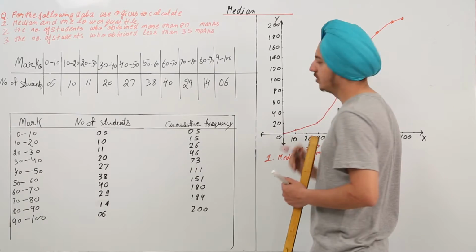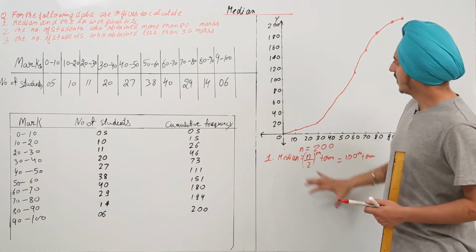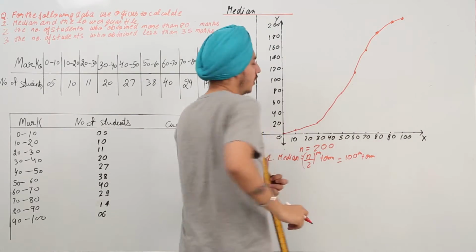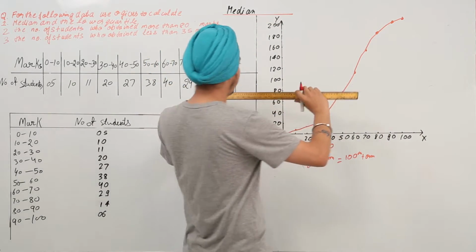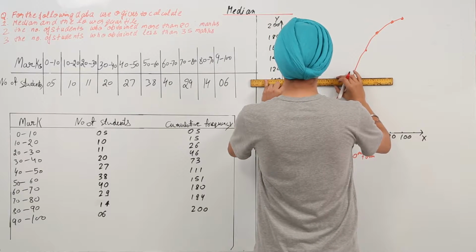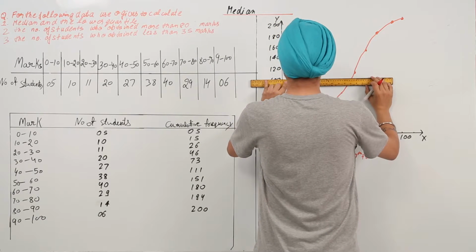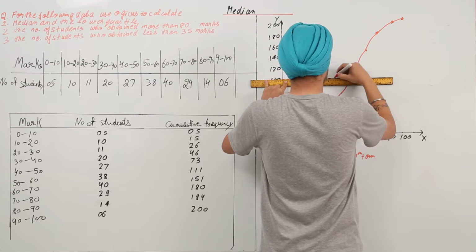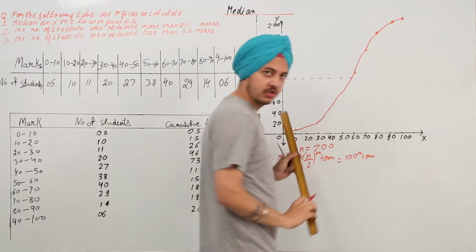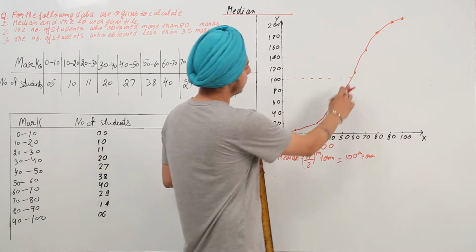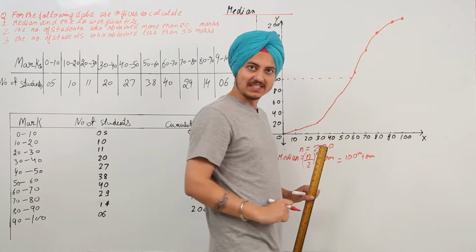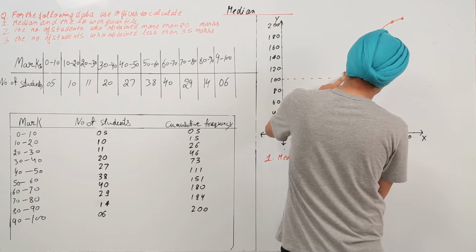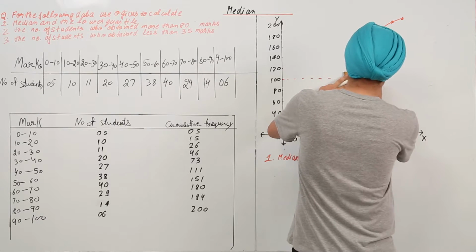So how do we do this now? We see where 100 is on the y-axis. This is 100. We make a straight line from 100 and join it with the ogive, okay? And here it is, right? And now we take this line onto the x-axis and take the abscissa for this point.